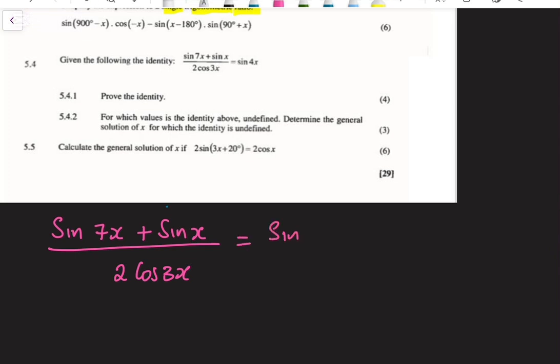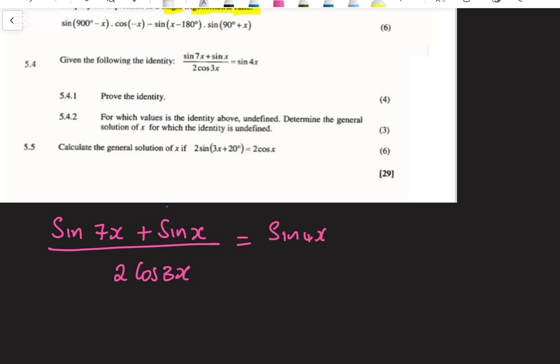Now 5.4, given we have sine 7x plus sine x all divided by 2 cos 3x. We want to prove that it is the same as sine 4x.